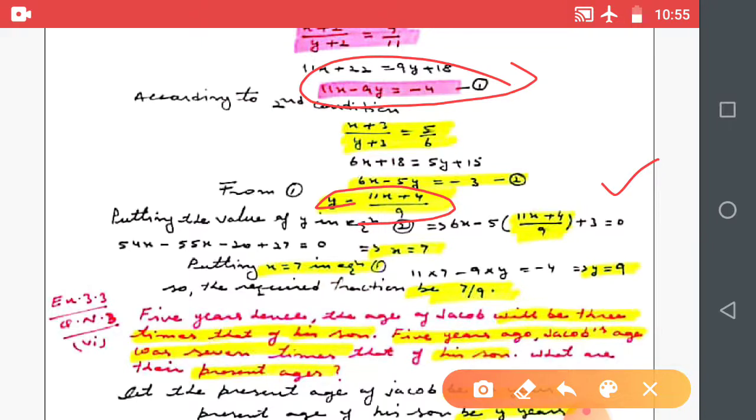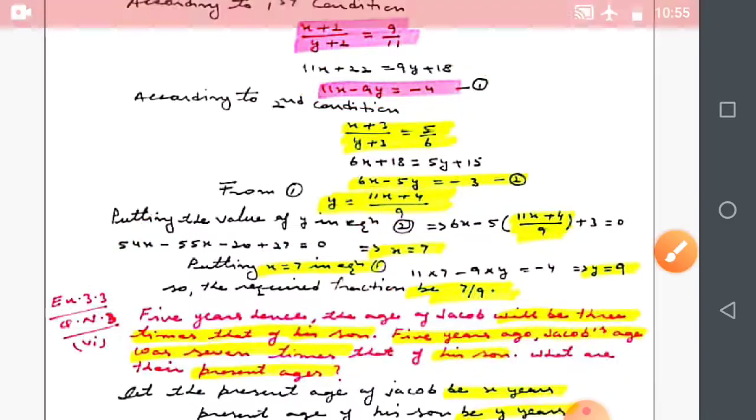And when we solve this equation, we get the value of x as 7. Now after putting this value of x as 7 in equation 1, that is 11 into 7 minus 9y is equal to minus 4, finally the value of y comes 9. Here the value of x is 7 and the value of y is 9. So the required fraction is 7 upon 9.